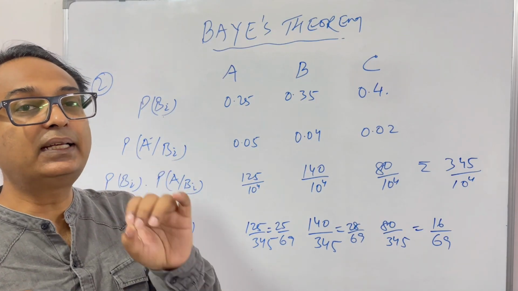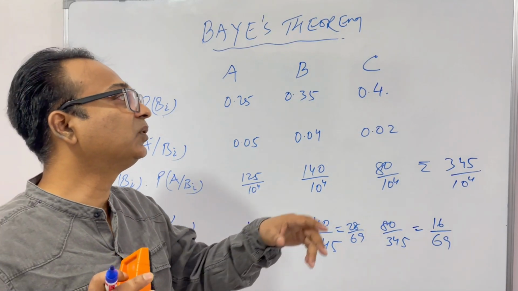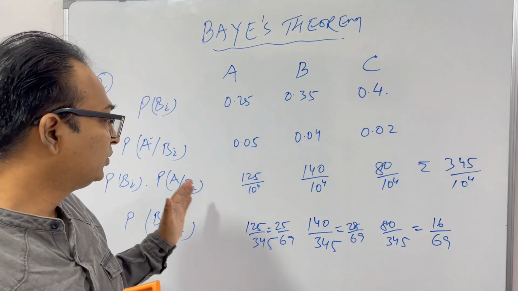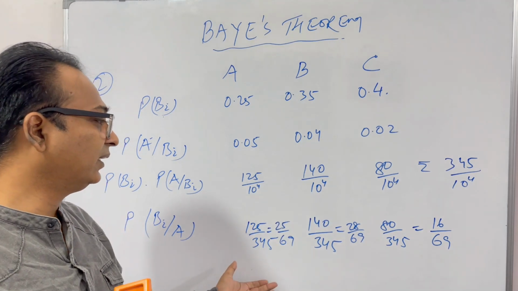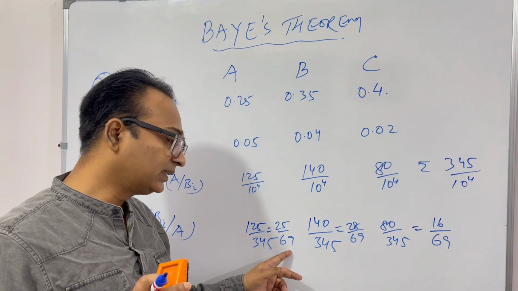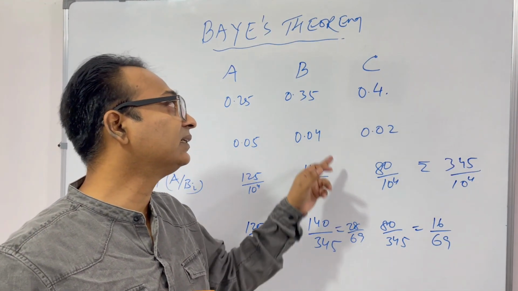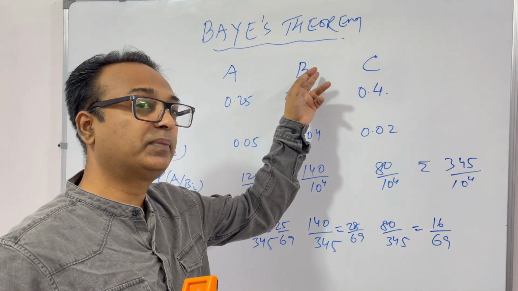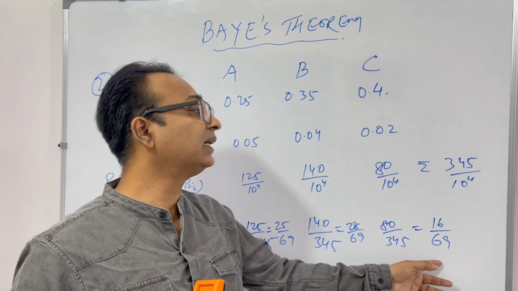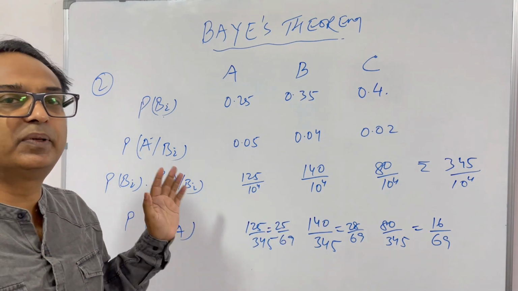Find the probability that the bolt was manufactured by machine A. Second, find the probability that it was manufactured by machine B. And third, find the probability that it was manufactured by machine C. So we calculated, and finally what we got is that if the bolt was defective, the probability is 25 by 69 that it was manufactured by machine A. Similarly, the probability is 28 by 69 that it was manufactured by machine B, and 16 by 69 that the defective bolt was manufactured by C. So this is Bayes theorem. Very good theorem. Solve 2-3 problems and you will be very confident.